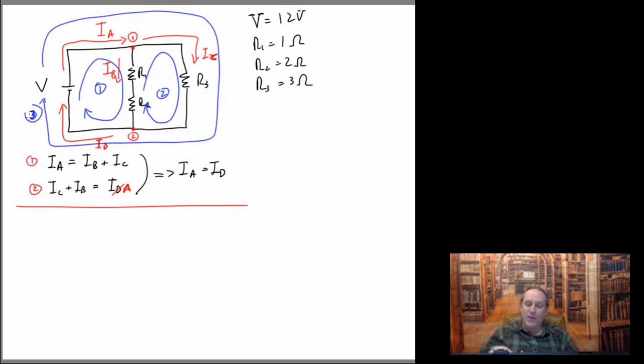I'm hoping you guys can see color, because I'm using color here to differentiate between my loops and my junctions. But if you're not really good with color, then maybe you can put 1L, 2L, 3L, and 1J and 2J or something like that to differentiate them.